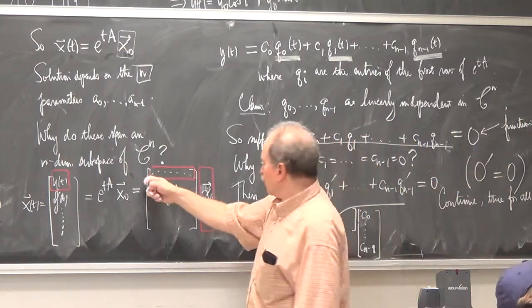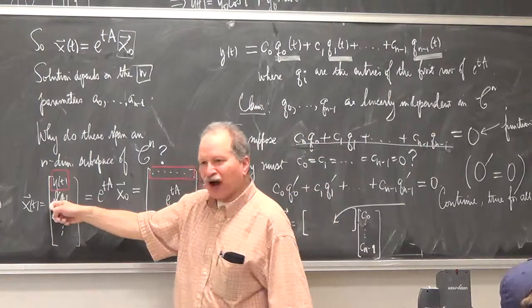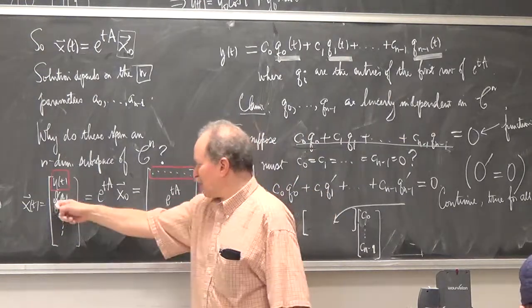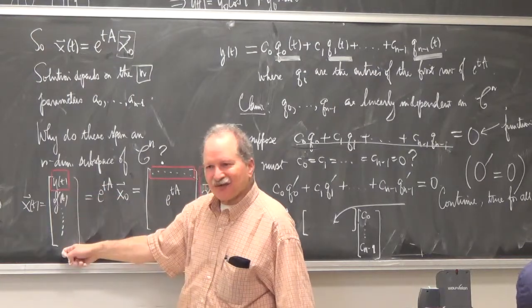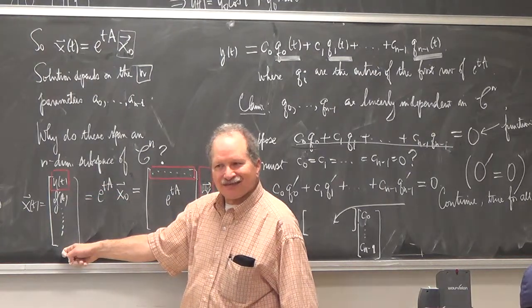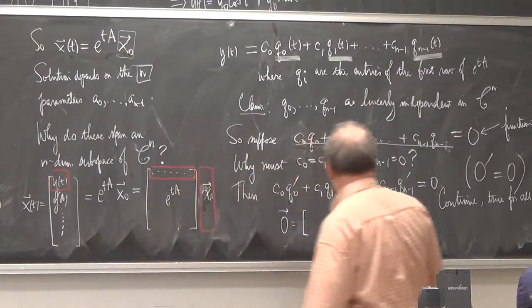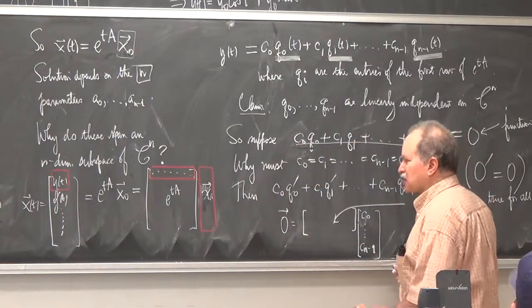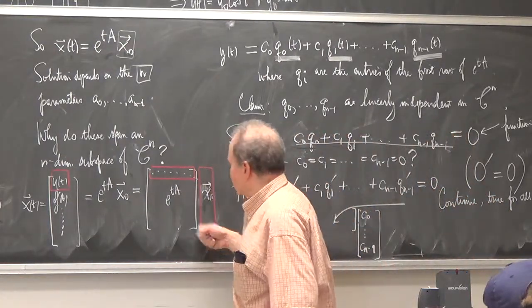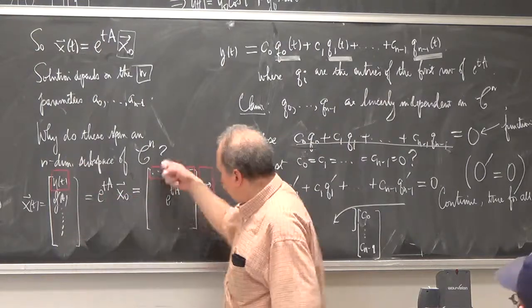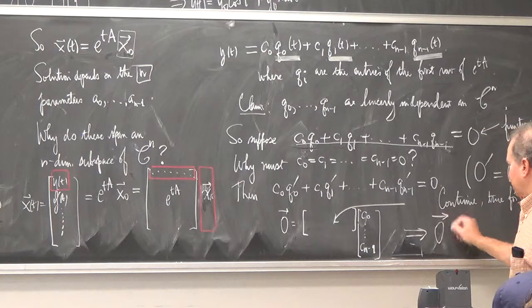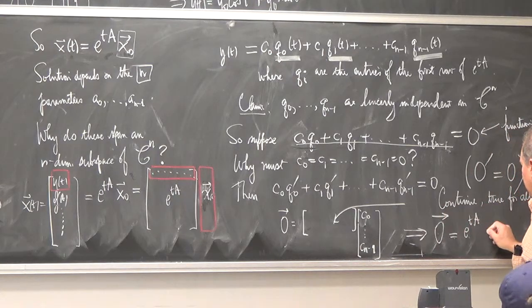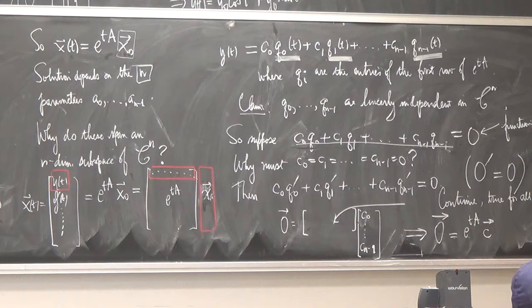So you're going to have not only the first row here, but then y prime is also going to be 0, and so forth. So you're going to end up with all of these being 0. Right? So you're going to have not just the first row with these constants giving you 0, but all of them, all these rows are going to give you 0, which is going to say that the 0 vector is e to the ta times this vector of constants.